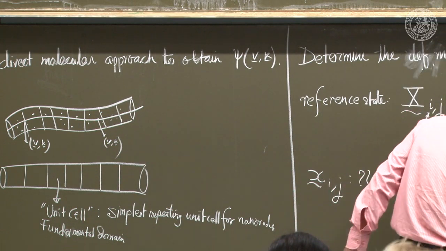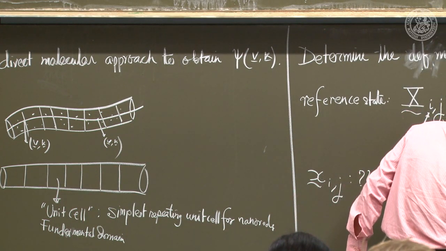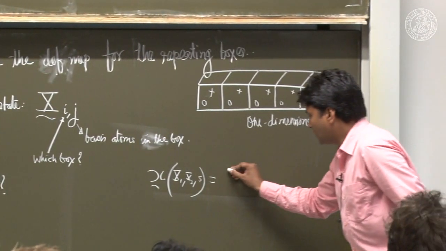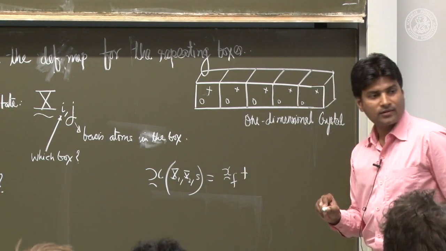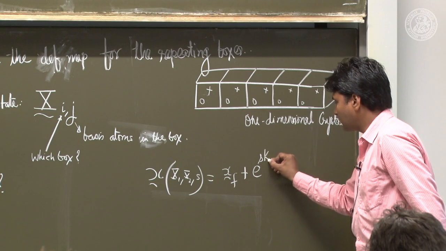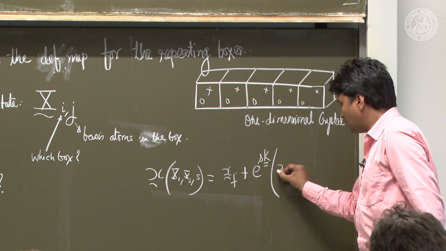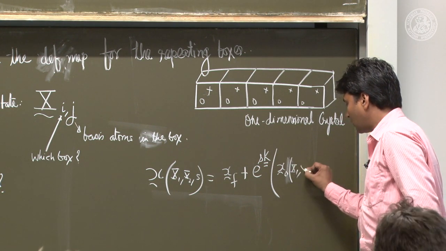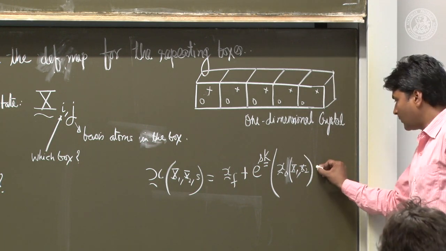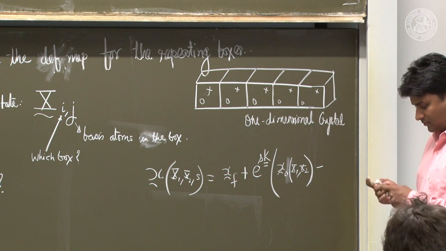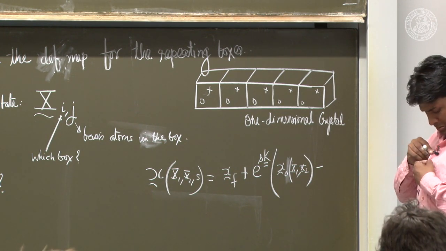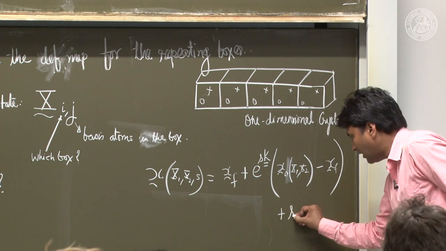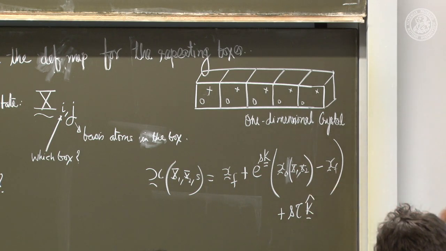Do you remember that little x of big X1 comma big X2 comma s was equal to little x of f plus e to the power sk times little x of 0, which is the cross section at s equal to 0, x1 comma x2, minus little x of f, plus s tau k hat. So, you remember this map?